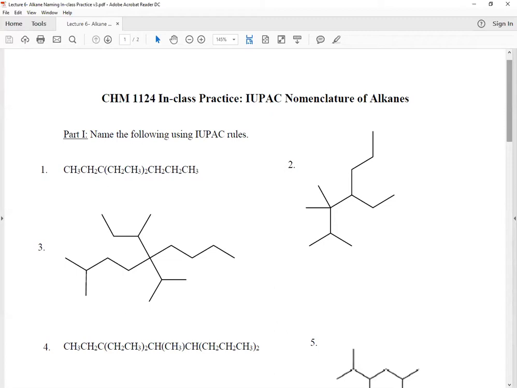So we put them in alphabetical order, right? So the name is 4-ethyl, and then 2,3,3, what? Trimethyl heptane, right. Good.